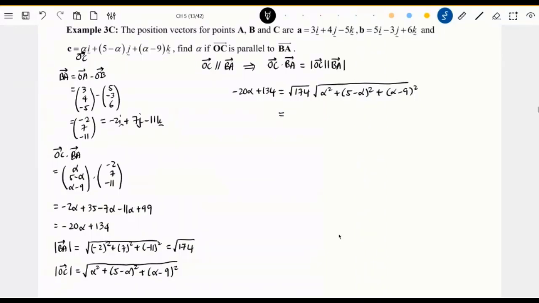So I leave the square root 174 dulu, and I make it as a whole square root. So dekat sini alpha square, 25 minus 10 alpha plus alpha square, alpha square minus 18 alpha plus 81.